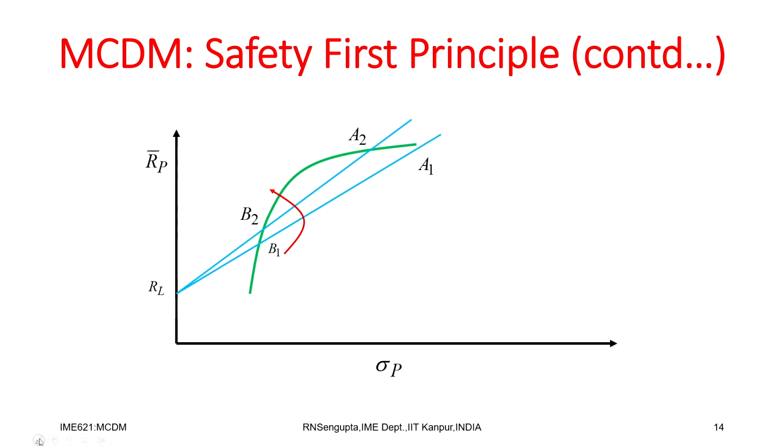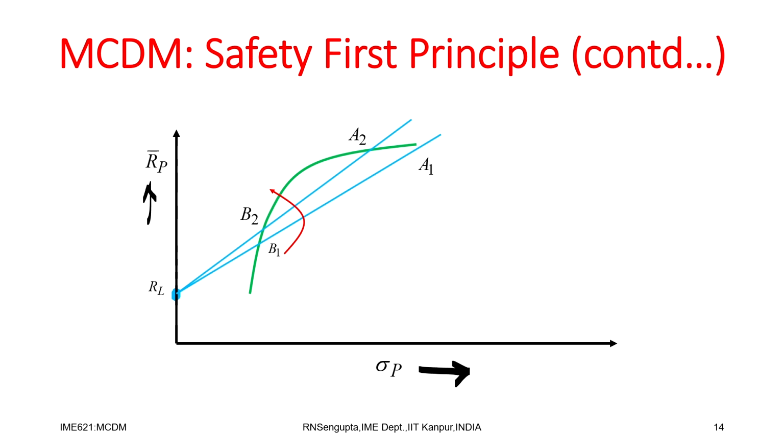If I again consider the same type of diagram, sigma p on the x axis, RP bar on the y axis, RL is fixed, which is this point, which I will denote in blue, and the green curve remains, which is the best frontier. Now, what we do is that I want to maximize RP.